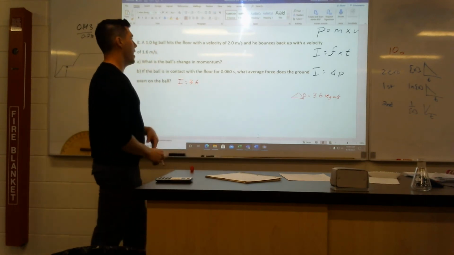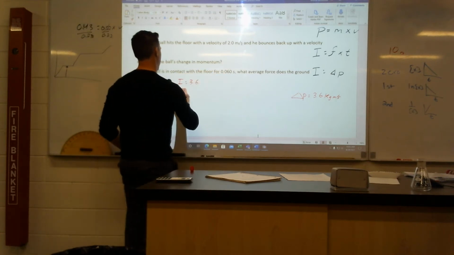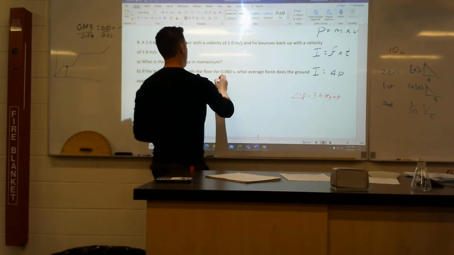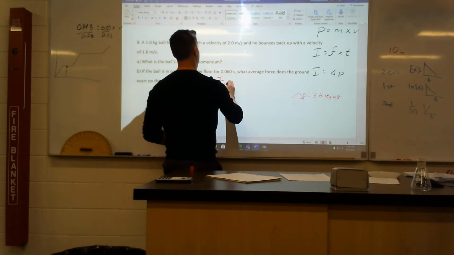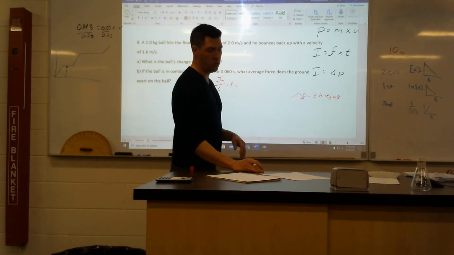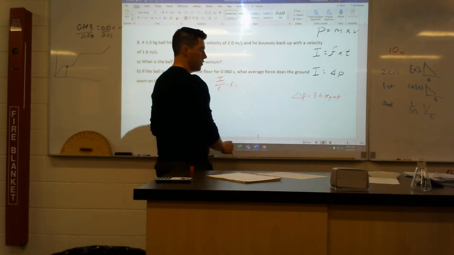With a formula of force multiplied by time, and the time being 0.06, impulse over time gives me my force, which is 60 newtons.